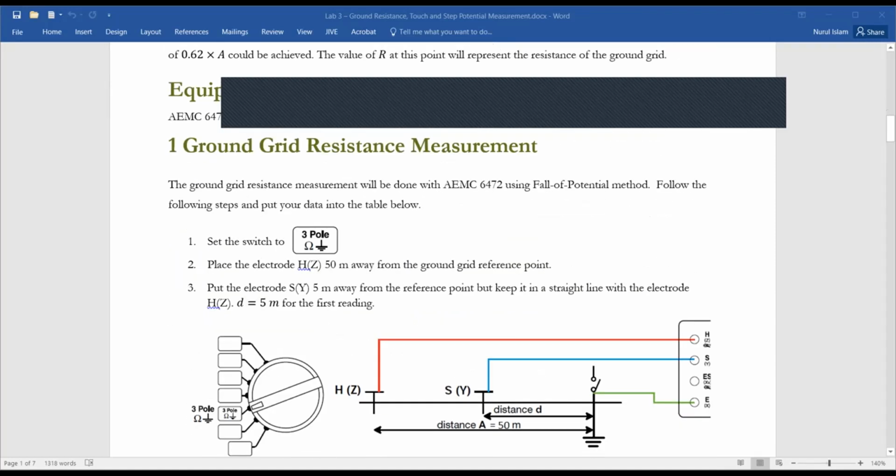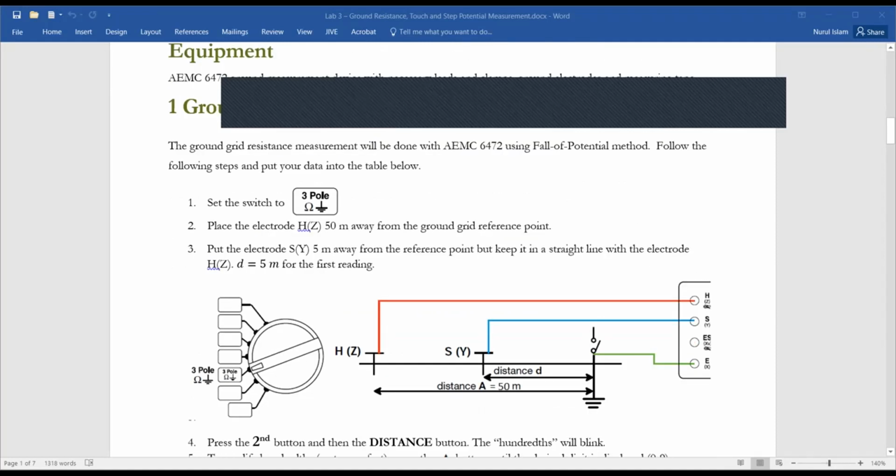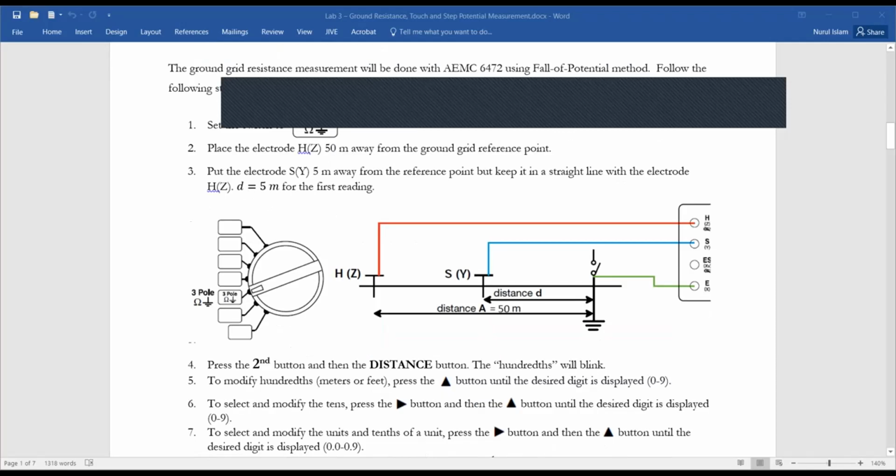Okay, so using the equipment, for this ground grid resistance measurement, we have to put the rotary knob on this position, 3-pole resistance sign, you will see that position, and the distance which is 6.5 times the diagonal distance of the grounding grid.